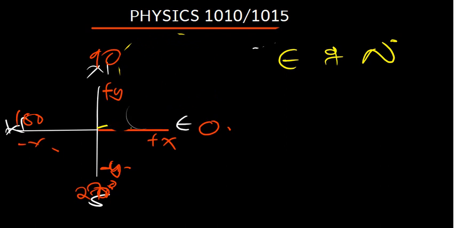The angle is near north than east, meaning this angle is supposed to be here. This is going to be my 25. But now, if I want to resolve this vector A into x and y components, I'm supposed to get the angle from this line all the way until it touches that line, meaning I'm supposed to say 90 minus 25. Guys, that is very, very important. You need to know that.